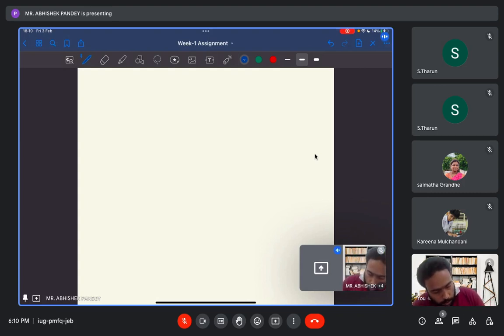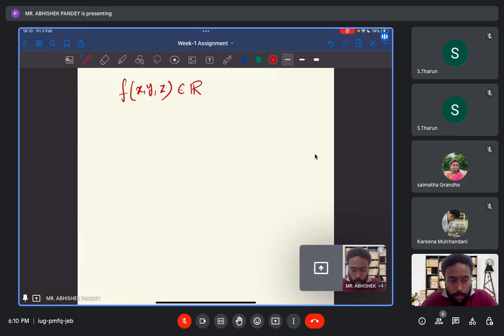Let us say you have a function in three variables, which sends to some real valued function. It is difficult to draw the graph of this function, because you need some extra dimension.